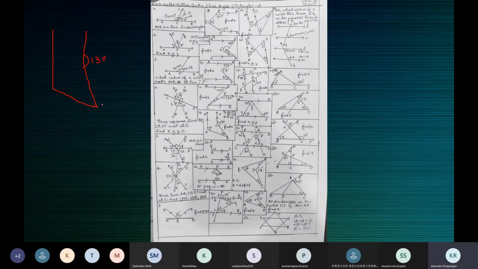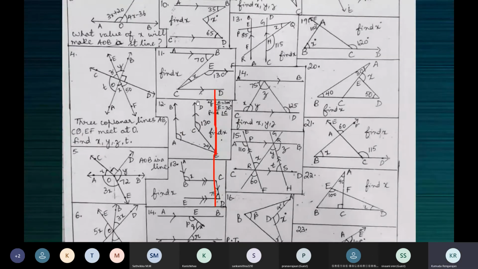Through this point E, you need to draw a line parallel to any one of the parallel lines. We have AB parallel to CD. Through E, you need to draw a line parallel to CD or parallel to AB. You cannot say parallel to AB and CD.